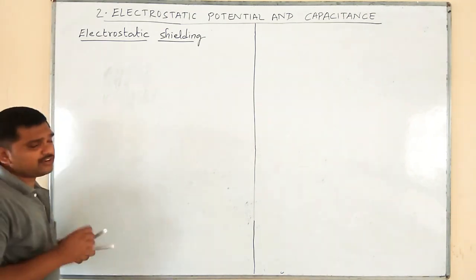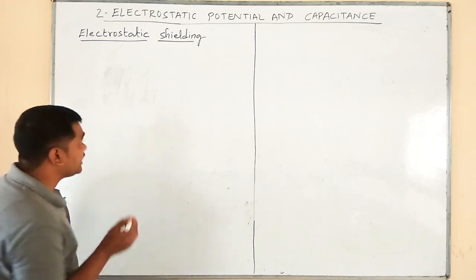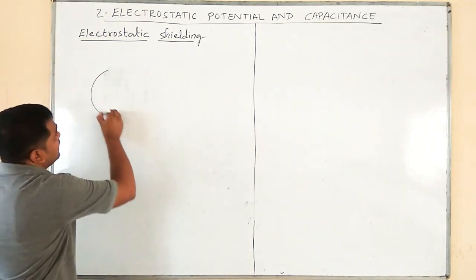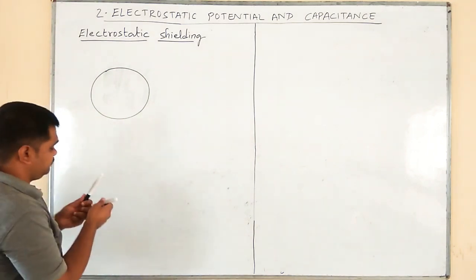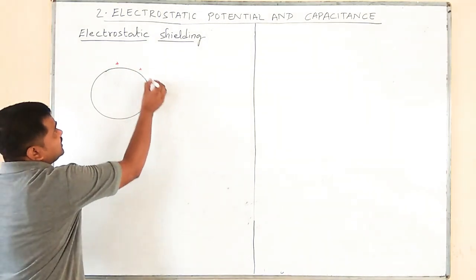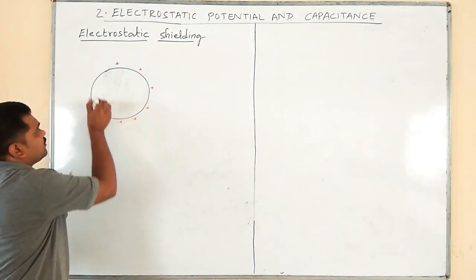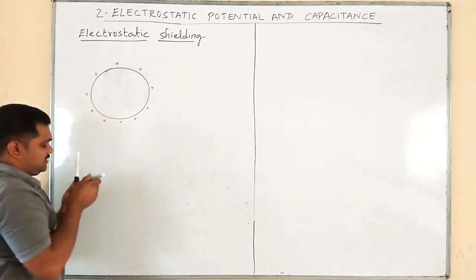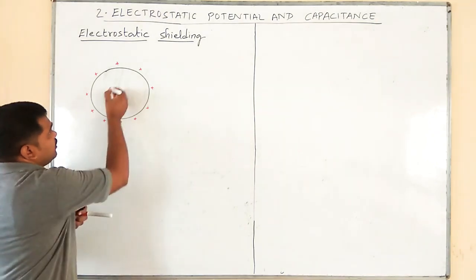Actually, one of the simplest techniques to achieve this electrostatic shielding is, let us consider a spherical conductor, a spherical shell I will take, which is a uniformly charged one. What is the value of electric field inside this shell? That is 0.